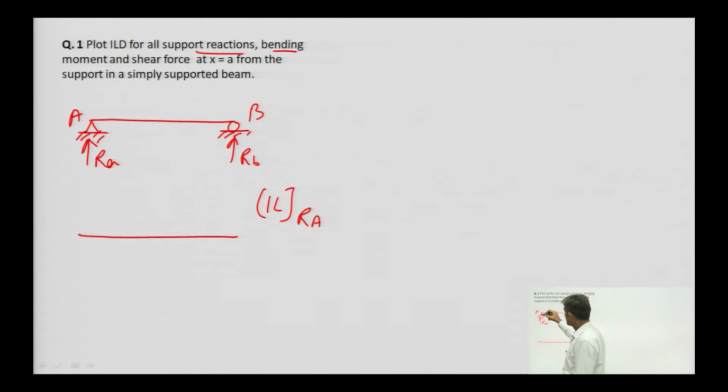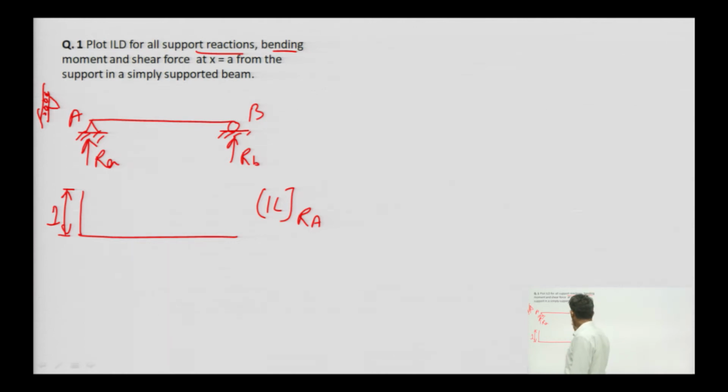Then release that vertical restraint by providing this type of arrangement at A, in this direction, and that value is 1.